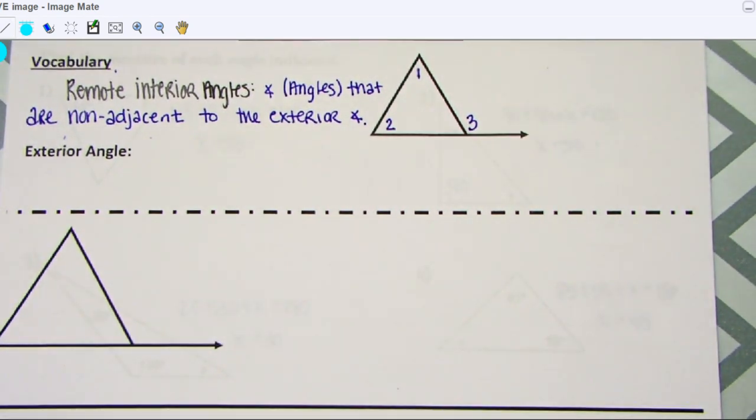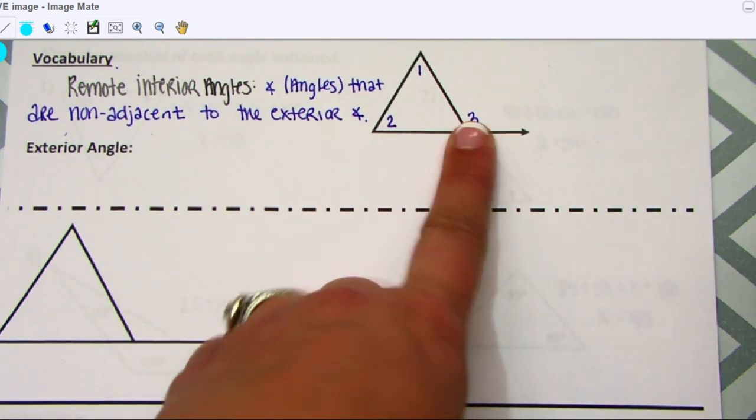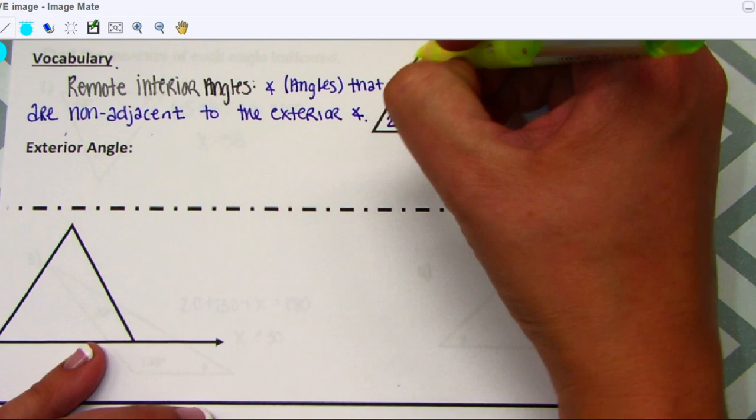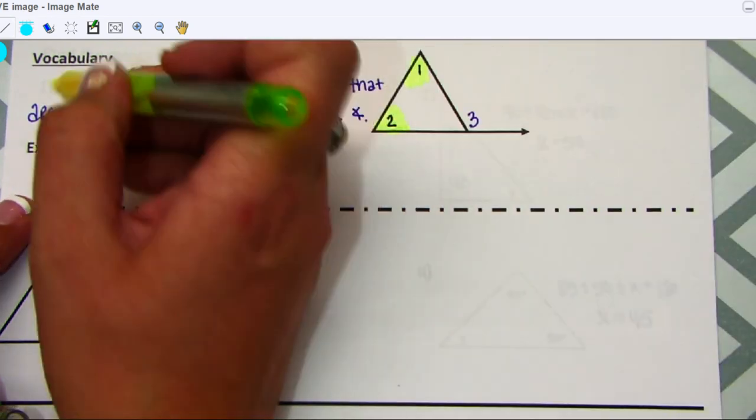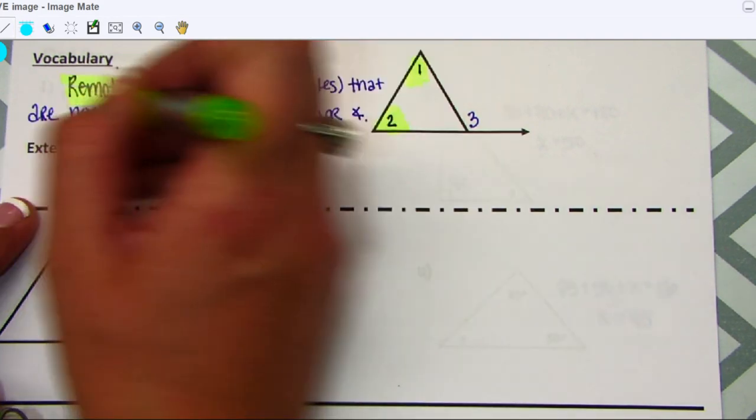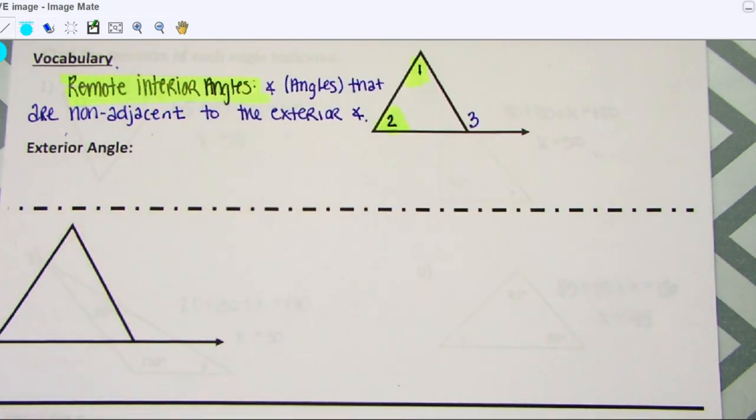So we're looking for the angle that is not next to angle 3, which in this case would be angle 1 and angle 2. Those are called remote interior angles because they're kind of like on a remote island. They're far away from that exterior angle all by themselves, okay? So there's 2 angles floating around in the interior, but far away from angle 3.